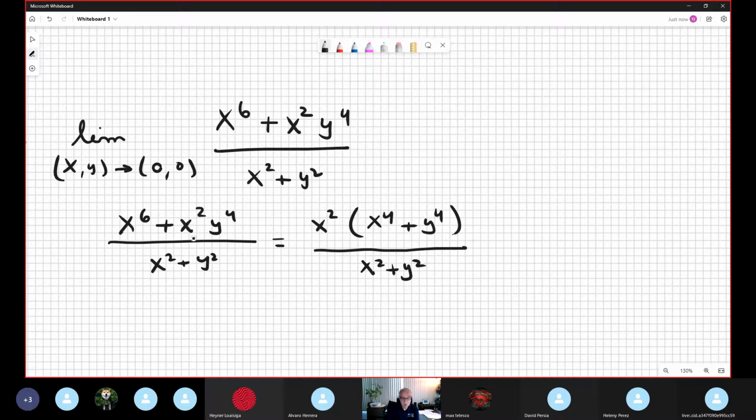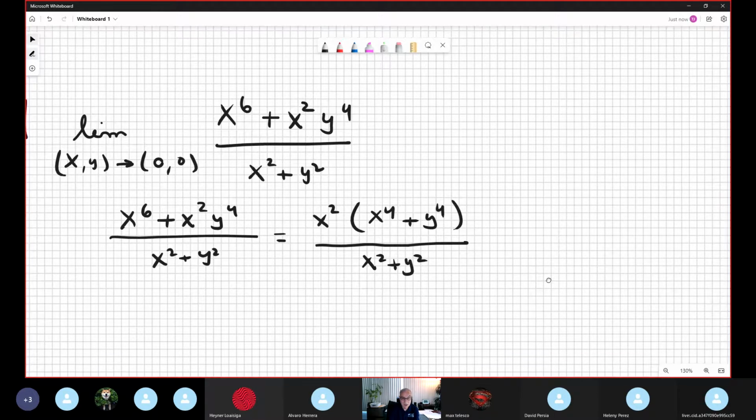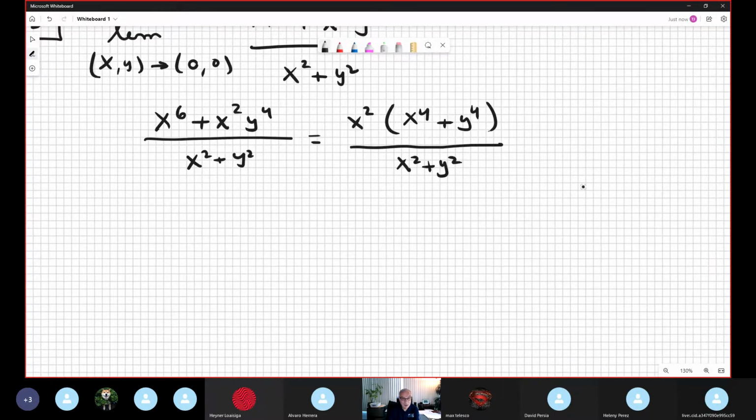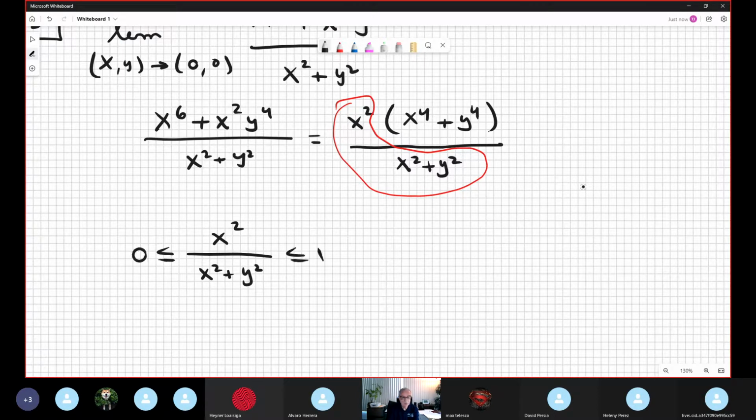So at this moment, I realize, wow, this is similar to the other thing. I take this part, I copy here separately, x squared over x squared plus y squared. It's between 0 and 1 because it's a fraction.